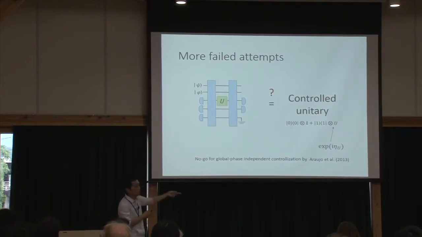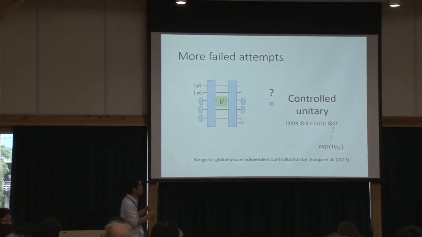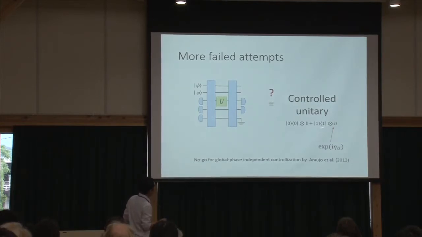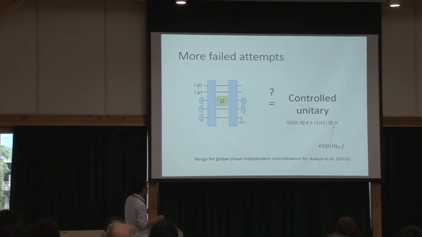So you can have extra global phase, but it shouldn't affect the overall evolution of the whole system. But here, the global phase becomes a relative phase, which can be detected. So we know this implementation, without any adjustment, cannot be implemented. What they considered in this paper is that they added an extra unitary to compensate for the global phase. But even then, this is not possible.